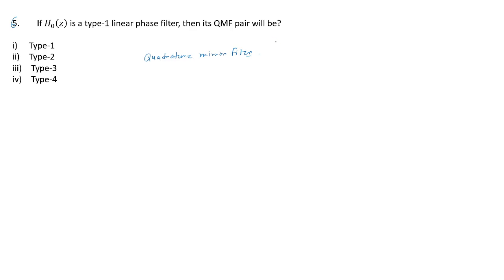We have already studied the properties in the lecture and also in the previous question, which says that this quadrature mirror filter pair is given by H0(z) and H1(z). This is a QMF pair. Then H1(z), which we are supposed to find in this question, should be H0(-z). This is the QMF property.